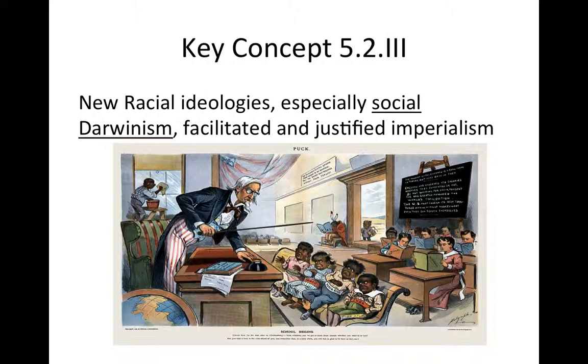All right, key concept 5.23. This is the final slide. Very important. Please understand this. To justify imperialism, the European powers use the idea of social Darwinism. And we've talked about this, Darwin's theory. Charles Darwin was a scientist who kind of explained that some animals, some species survive because they're fit.